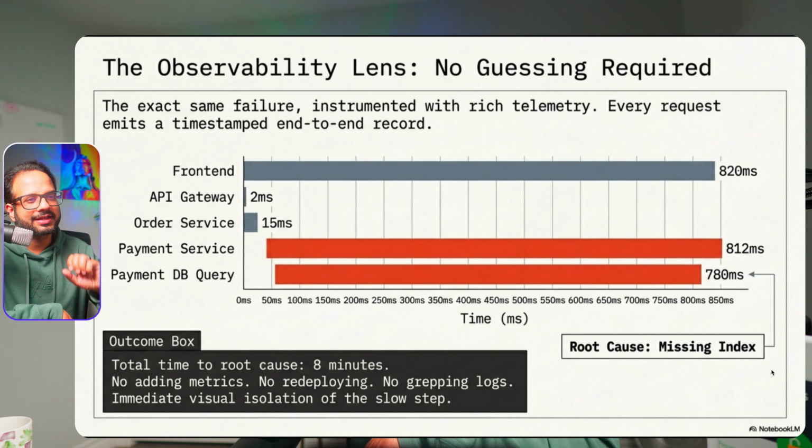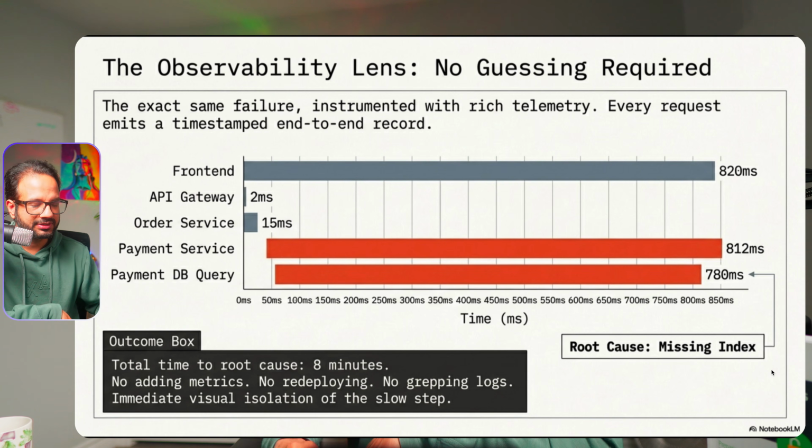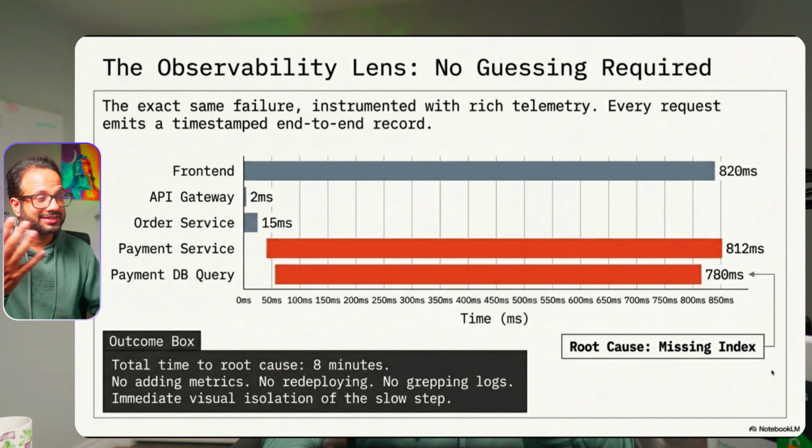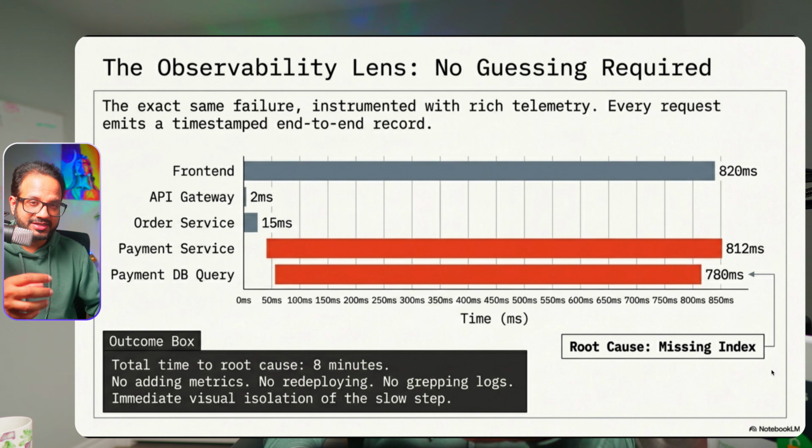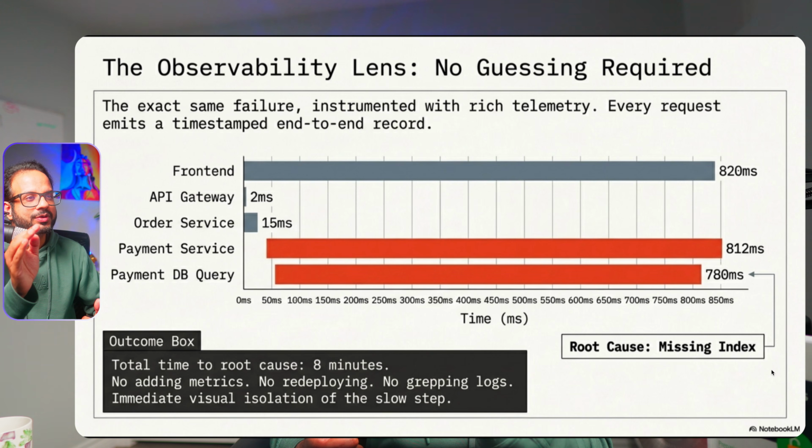So let's take a look at this example. Over here we don't guess anything. This is similar to the example that we have seen earlier, in which the user was facing latency in the payment service, and that is why the response is getting slow to the user. Now over here, because we are tracing each and every request, we are instrumenting it with rich telemetry, and every request emits a timestamped end-to-end record.